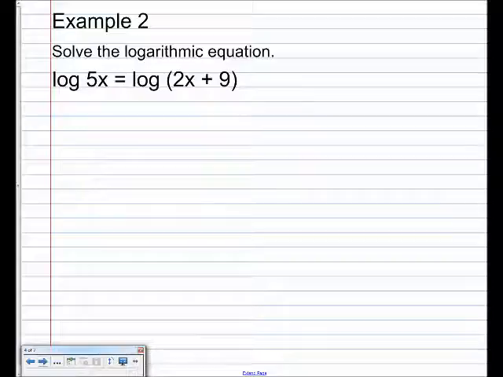If you have a log on both sides with the same base, then the only thing I care about are these arguments. Because they must be what? They must be equal to each other. Think back to yesterday. Does that seem familiar when we had the same base? It's the same idea here. Once you have a logarithm with the same base on each side, I don't care about it.